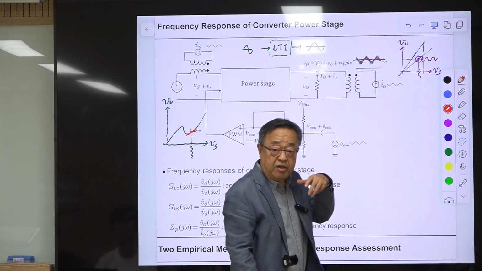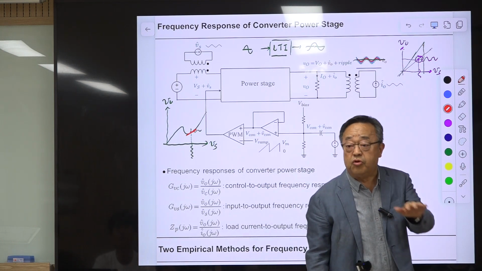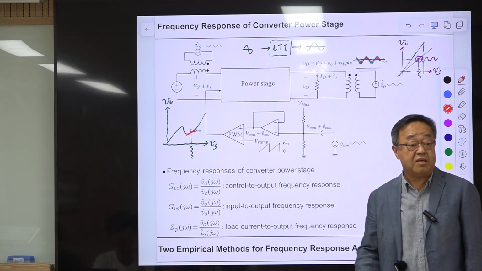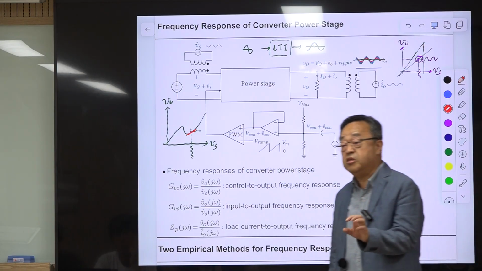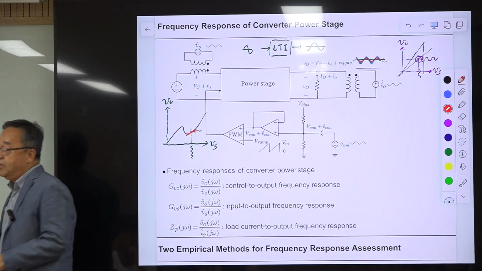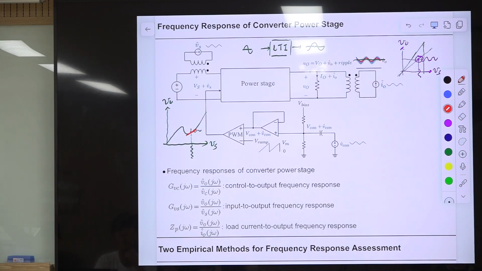Then you can adapt your existing knowledge about the linear time invariant system, like transfer function, Nyquist, root locus, everything. Okay, feedback theory, everything. So that is the prime purpose of developing a small signal model of the PWM converter.